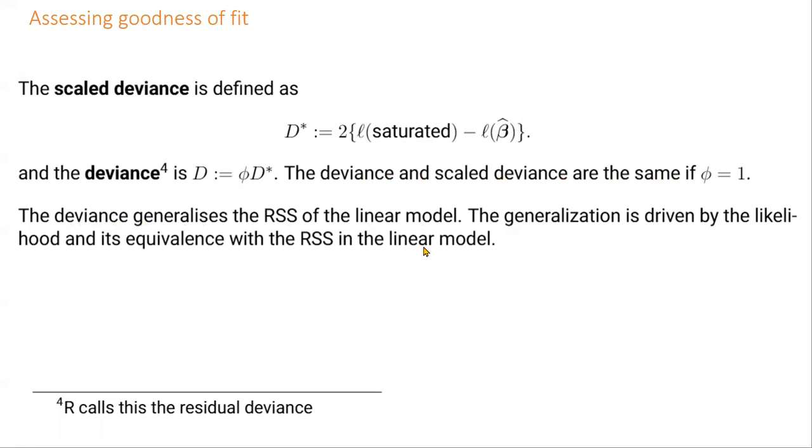So the deviance will be equal to the RSS of the linear model if you have a linear model. And the second point to note is that this deviance is what R calls the residual deviance.